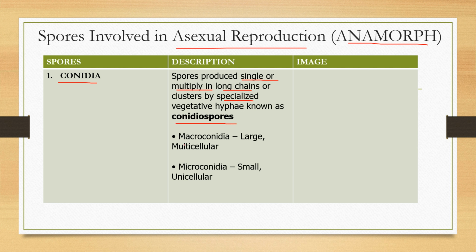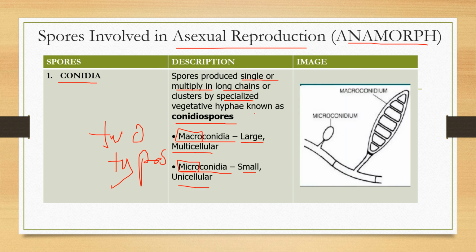And this conidia class comes in two types. They can either be macroconidia or microconidia. From the prefix macro and micro, macroconidia are large and they tend to be multicellular. If it's microconidia, they are small and they are unicellular.